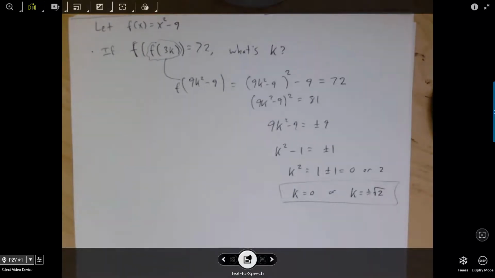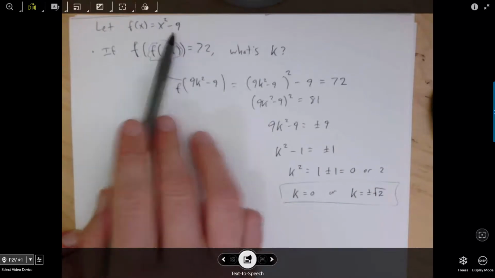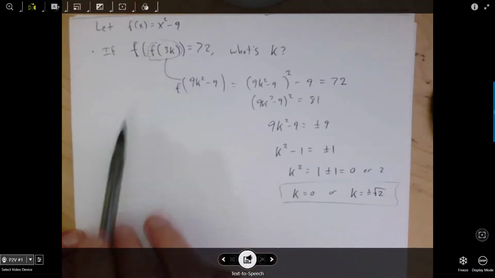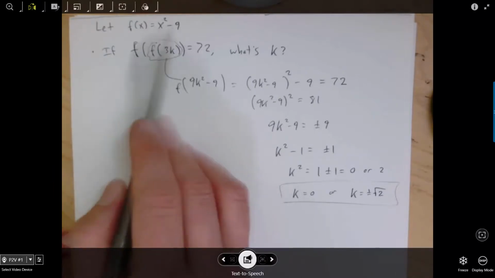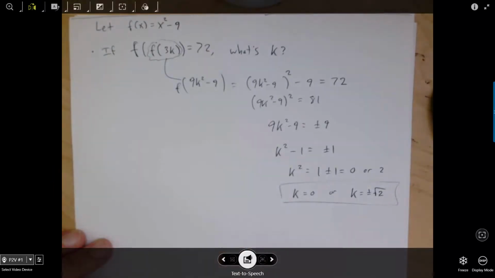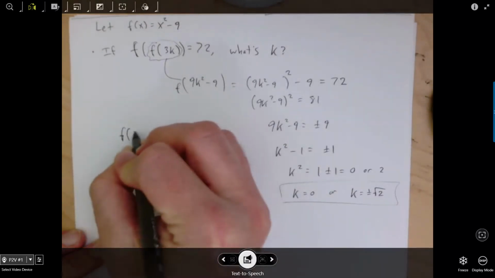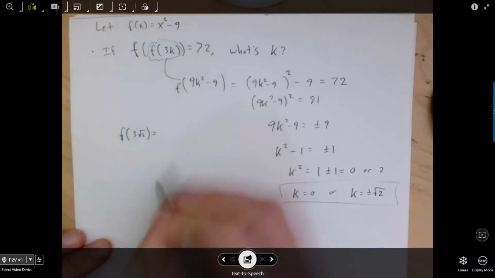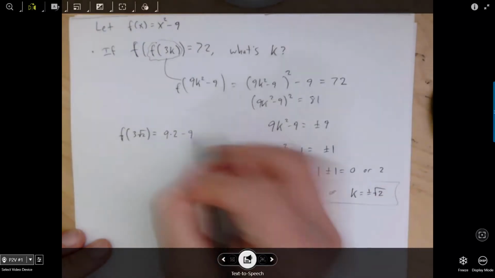Sometimes it's worthwhile just to go back and double check that it actually makes sense. So let's evaluate it with 0. So f of 0 would be negative 9, and then f of negative 9 would be 9 squared minus 9, which would be 72. So that seems like it works. What about root 2? Let's write this one down. So f of 3 root 2 is going to be 9 times 2 minus 9.